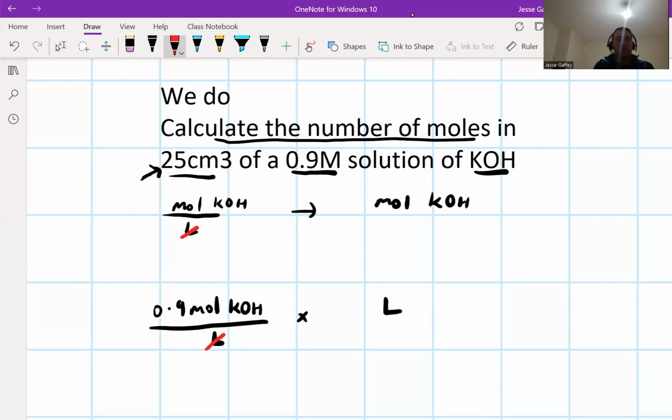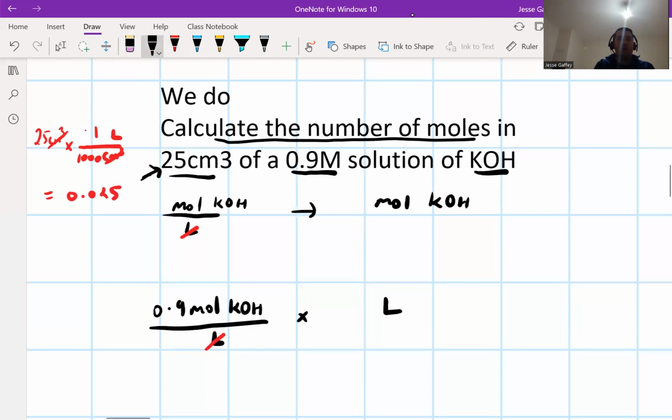So you can do this rough work, 25 cm cubed times, well, we want cm cubed and liters, and we want cm cubed to cancel. And we know that we've got 1 liter for 1,000 cm cubed. So when you do that, 25 times 1 over 1,000, you should get 0.025.